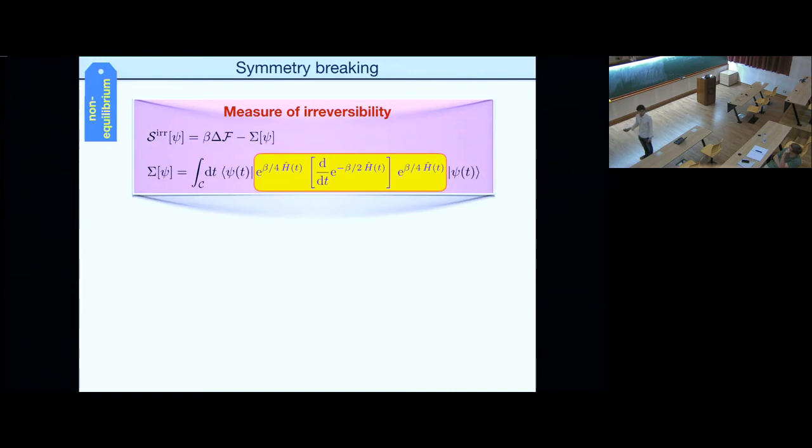In the classical realm, people would call it dissipated work. It stops being something as soon as you stop acting on your system.